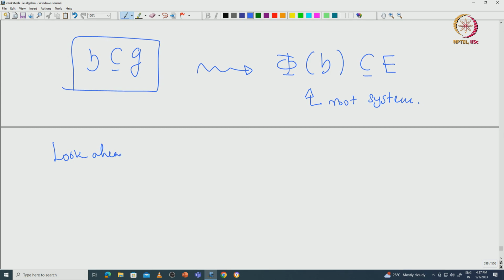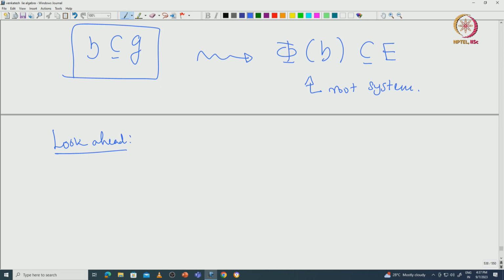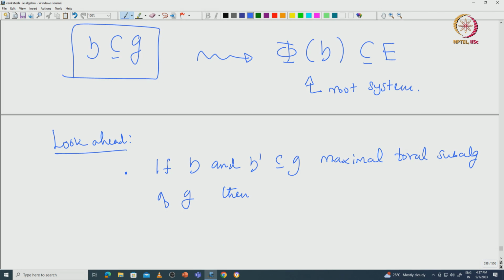So, we will prove that this association is actually independent of the choice of this Cartan, sorry, the maximal toral subalgebra. Okay, what is the meaning of that? This is the fact: if H and H' are both maximal toral subalgebras of G, then one can prove that H and H' are conjugate.